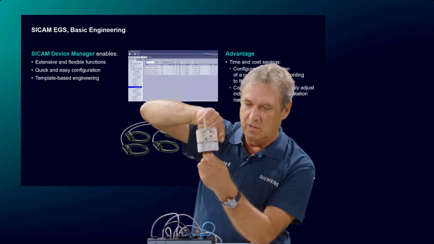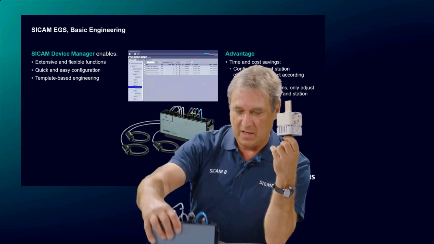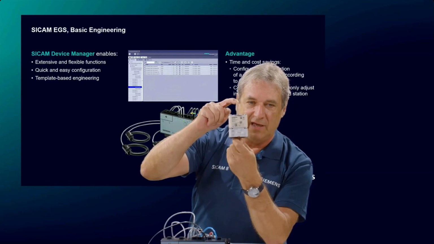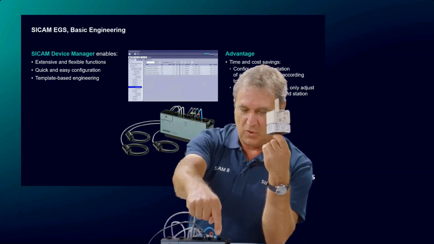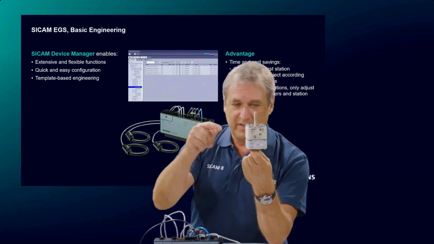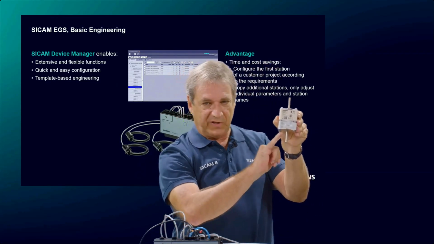It features the ZigBee protocol, which communicates to this device. And up to 48 of this device can communicate to the SICAM EGS. In addition, you also get via this communication part the temperature of the shaft.